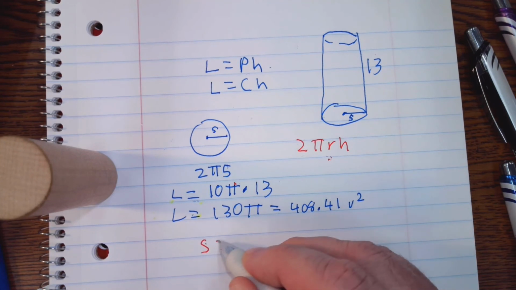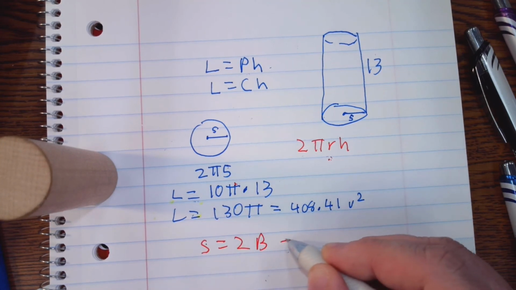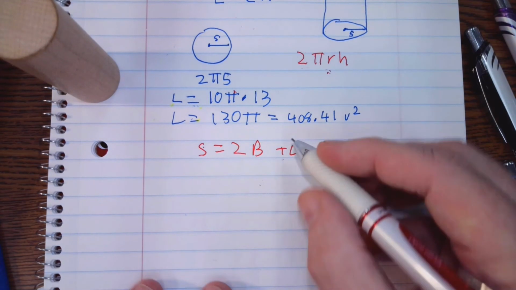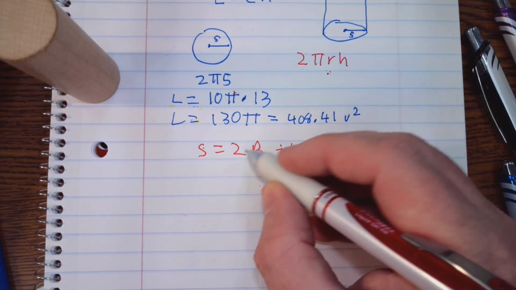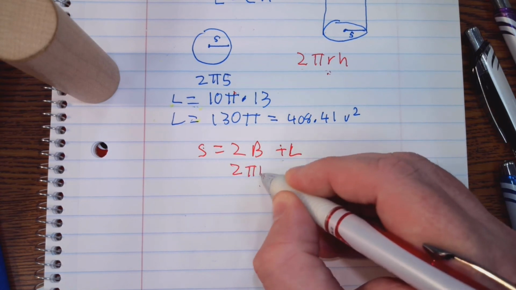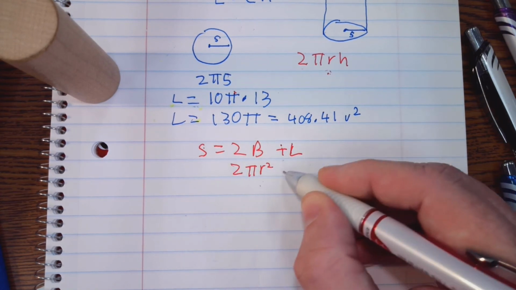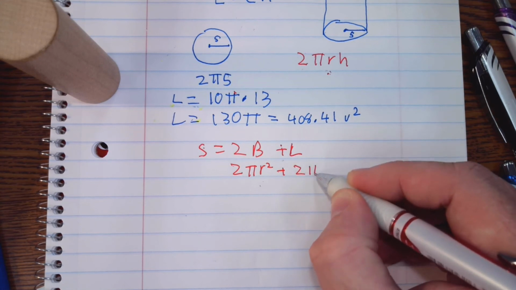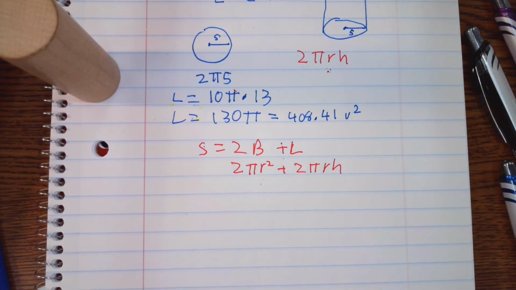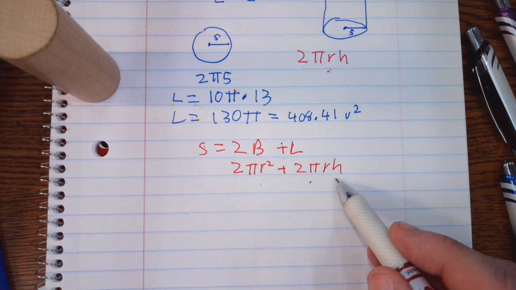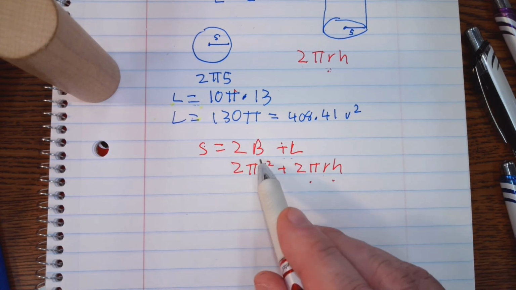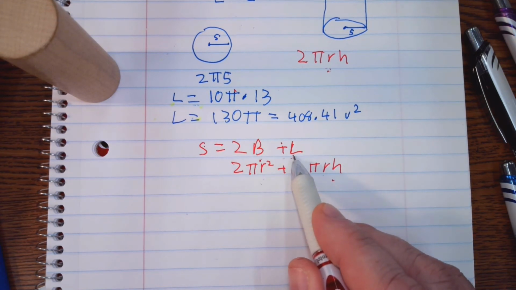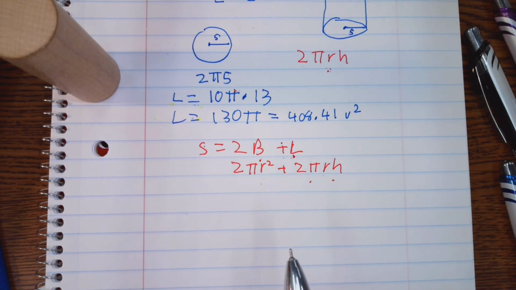So surface area can be 2B plus L, just like we did before. Or it can be, instead of 2B, 2 pi r squared. That's the area of a circle, right? Plus 2 pi rh, which is the circumference times the height. So I just focus on this and just worry about getting the area of the base, regardless of what it is, and the lateral area. So that's basically what we're going to do.